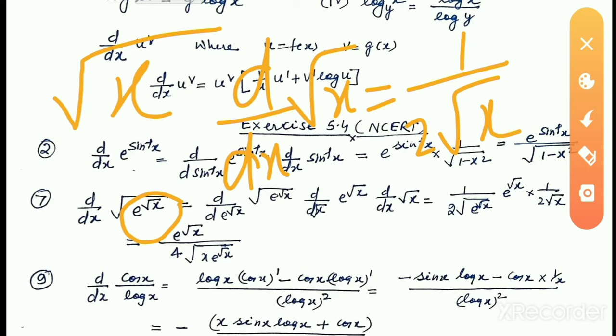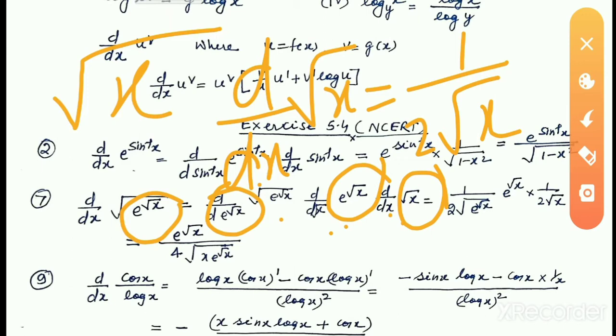So here what we did, we just took e raised to the power under root x as an operator. Now differentiate it. Here under root x is taken as an operator, and x will be treated by chain rule as under root x.